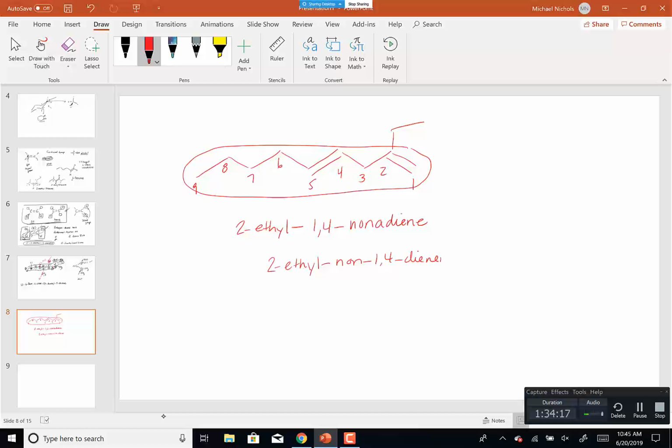Probably not, but it's fine whether there's a space, a dash. I'm sure that, actually I think the L and the N would be next to each other, but I'm not as strict as the IUPAC people on spacing. Numbers maybe, groups definitely.